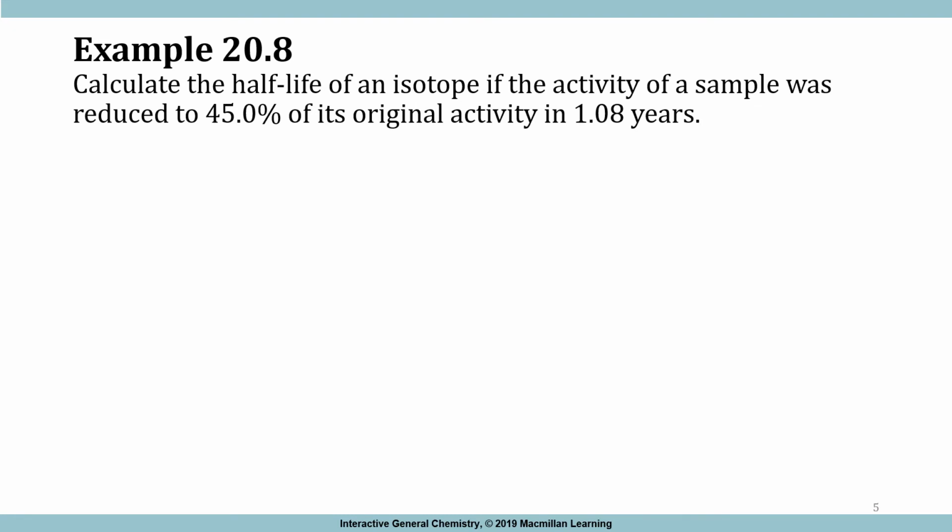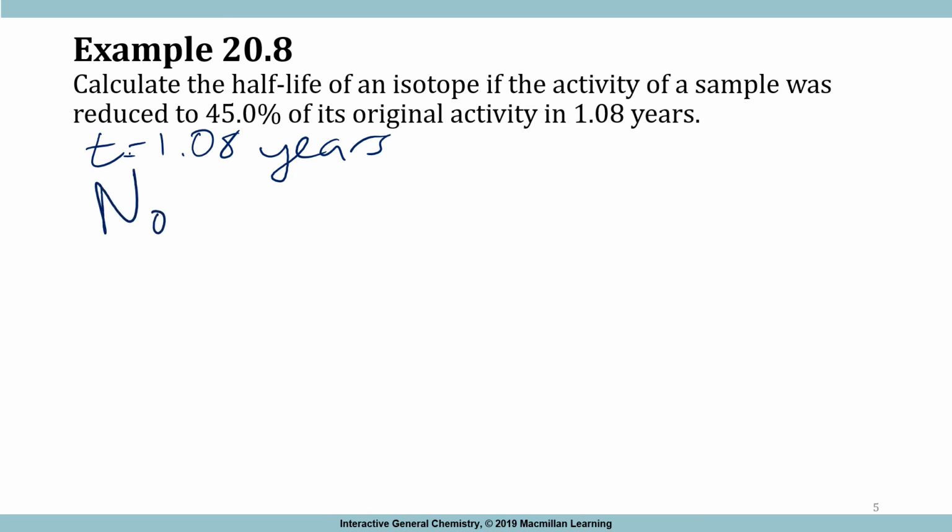Example 20.8 says calculate the half-life of an isotope if the activity of a sample was reduced to 45% of its original activity in 1.08 years. So they gave us our time is equal to 1.08 years. And they don't give you an actual value for your amount, but they give you percents. So I can actually use the exact same equation, just change your amounts to percents.